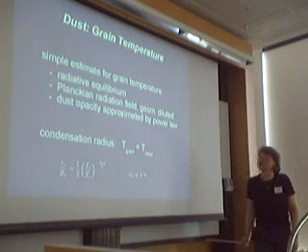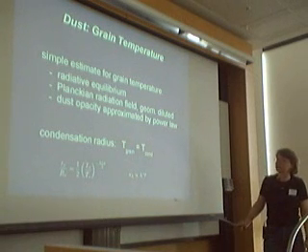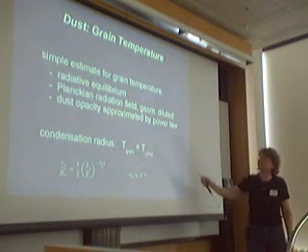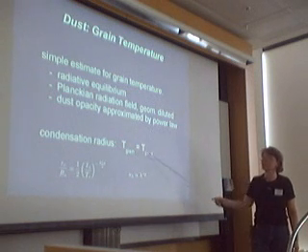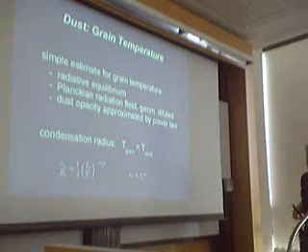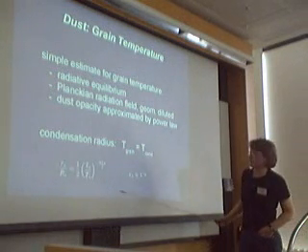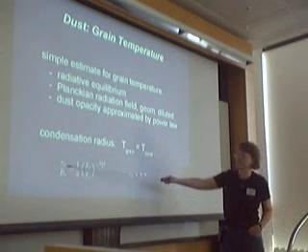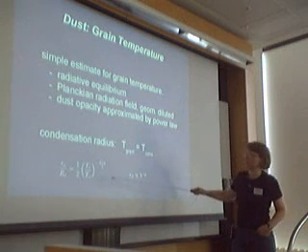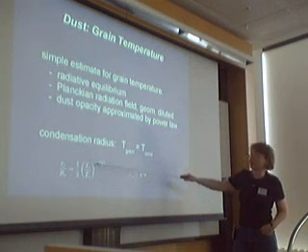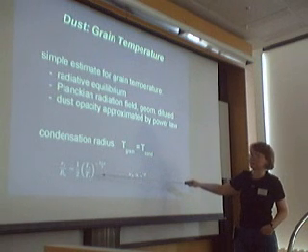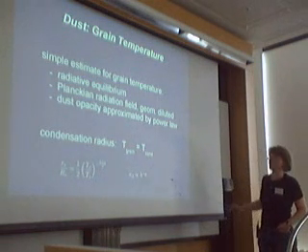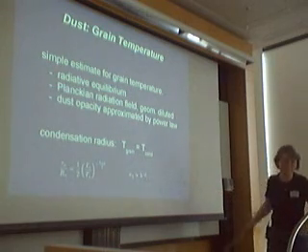And then you say that the condensation radius is roughly where this grain temperature that you get from this procedure is equal to the condensation temperature of the material. If you do these assumptions, the whole thing gets so simple that you get a very simple formula for the condensation radius in units of the stellar radius as a function of condensation temperature and stellar surface temperature, and the exponent of the power law for the opacity.